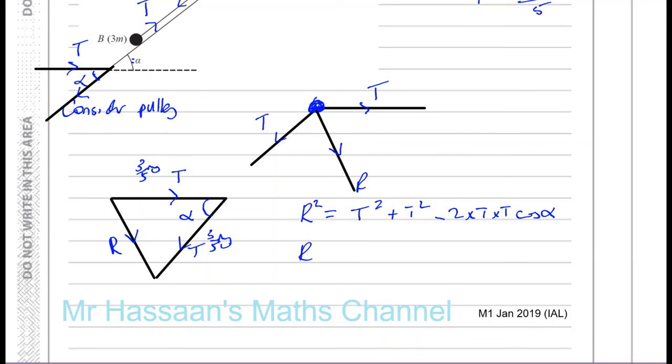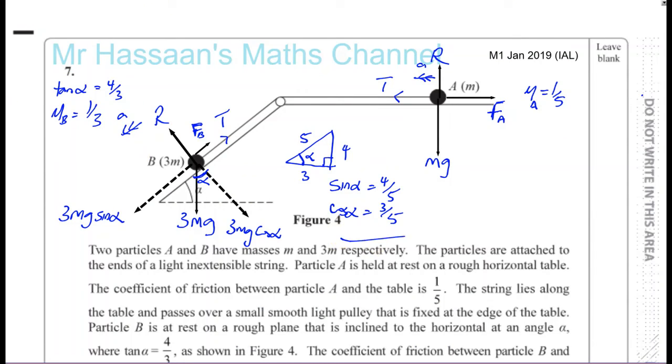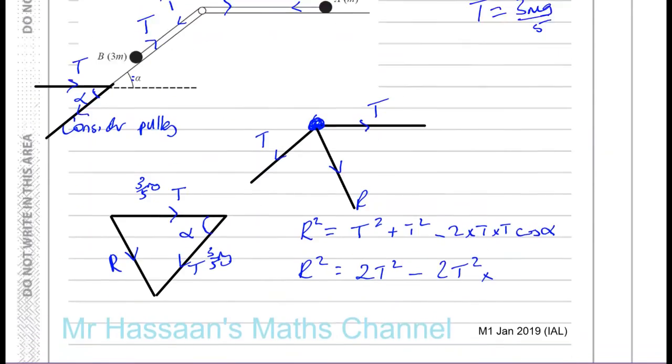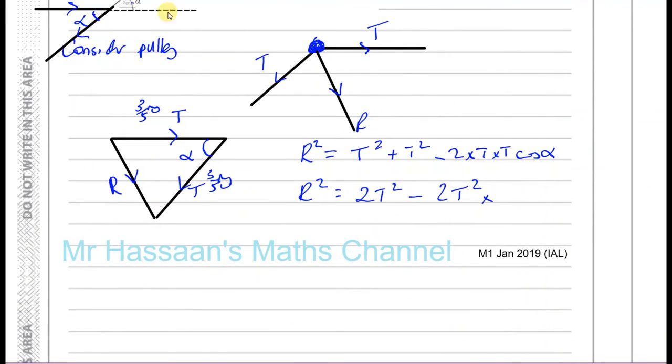So R squared is equal to 2T squared minus 2T squared times cosine alpha, which was 3/5. We don't have to find the actual angle, we can use the ratio, and this will help us get a more exact answer.